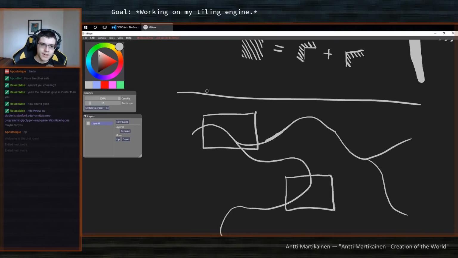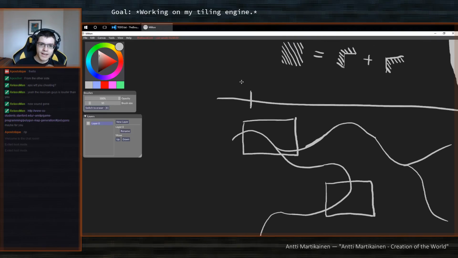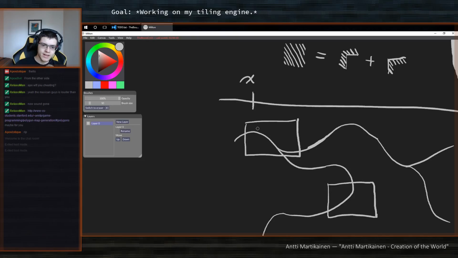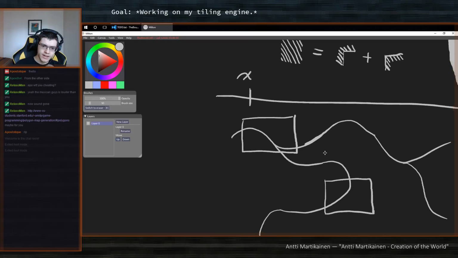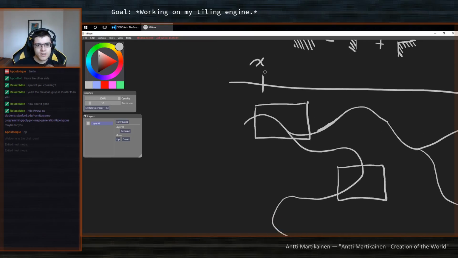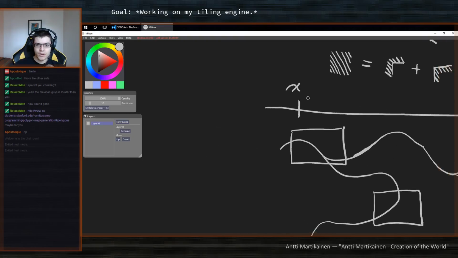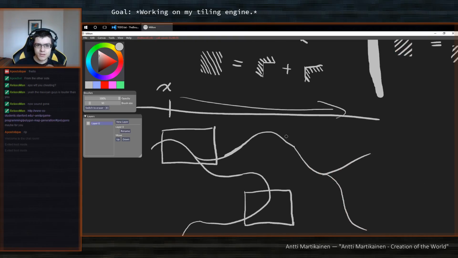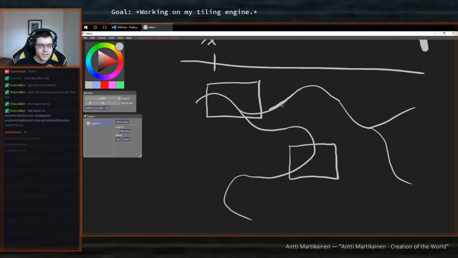I give you what is here, and I plug my x into my formula, and then I would get the location of a river. But this only works for rivers that go from left to right. Kind of interesting though.